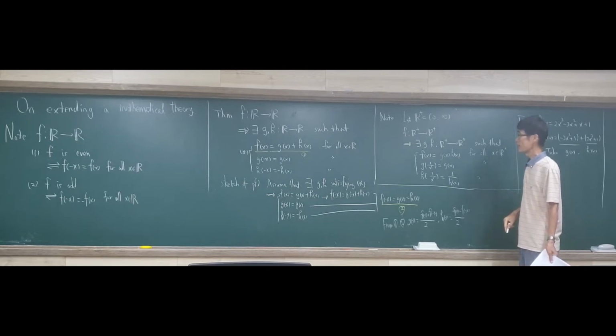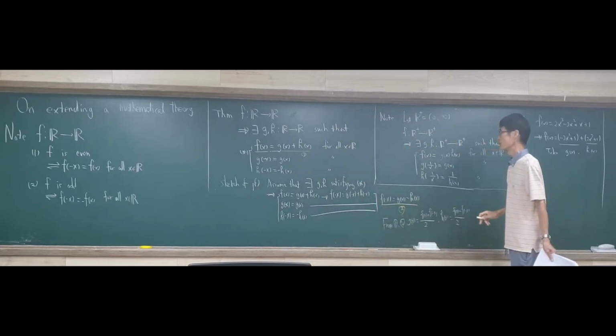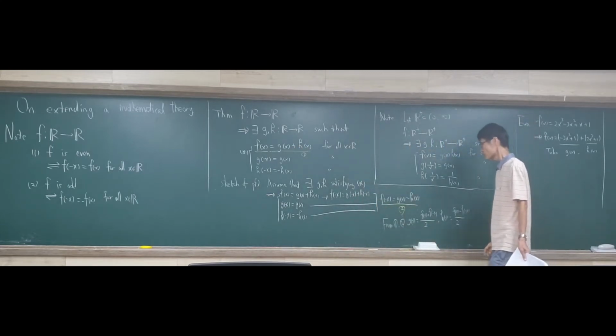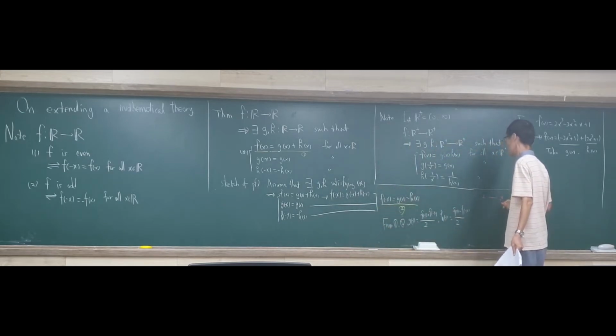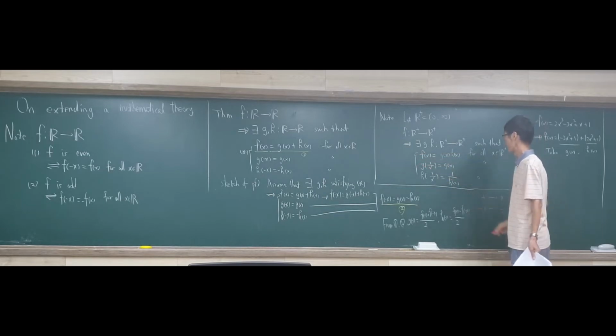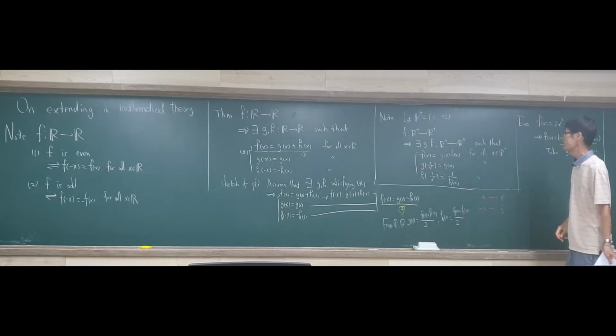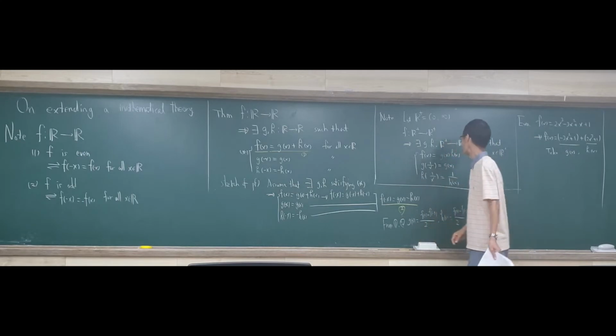Actually you can see that plus is replaced with multiplication, and minus x becomes 1 over x in the first theorem in this condition. So we want to generalize the theorem, and we want to see the relationship with this theorem and group theory.